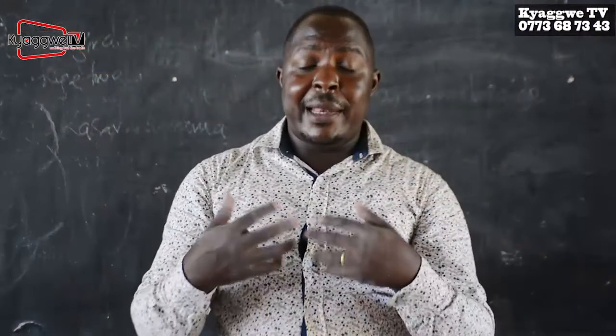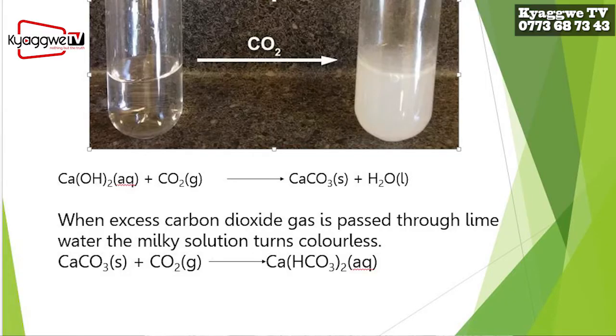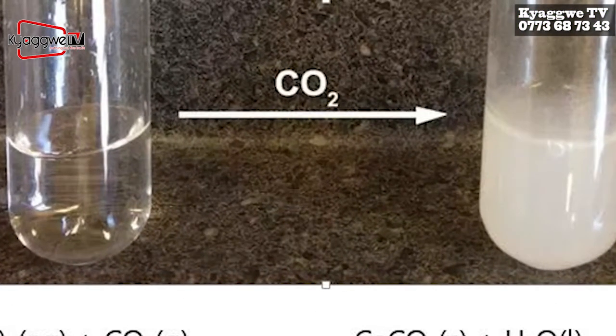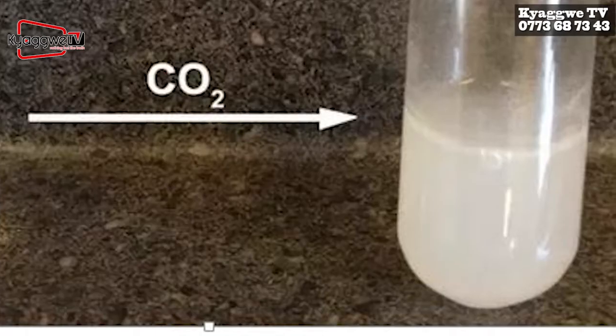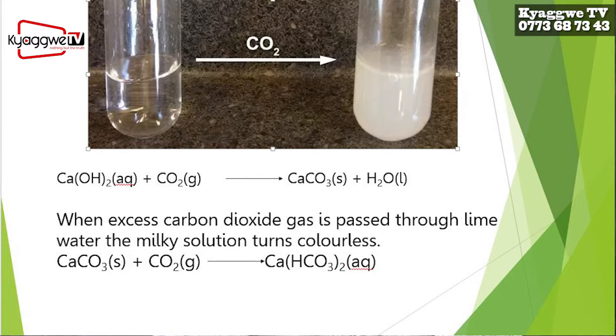Now, we want to understand what happens. Over to the screen now. We have two test tubes. One has a clear solution, another has a milky solution. In the first case, we have an equation. Calcium hydroxide plus carbon dioxide will form calcium carbonate, which is a solid.